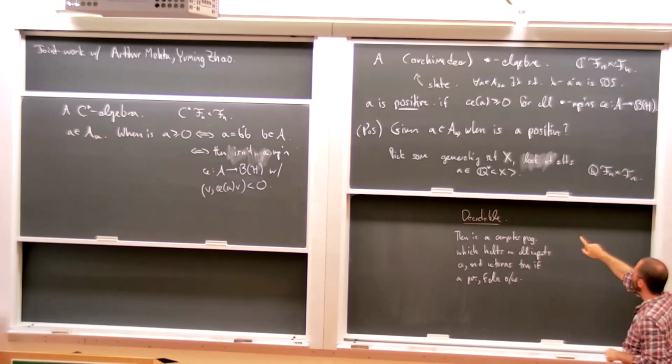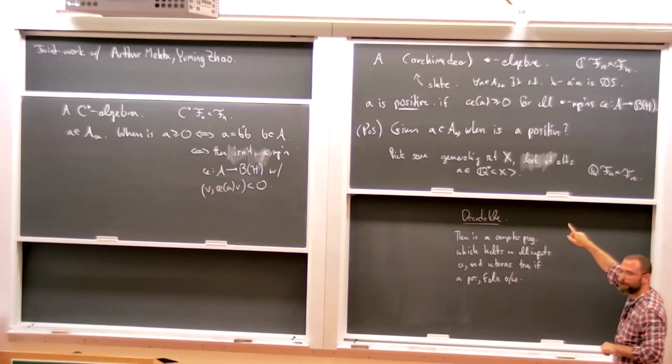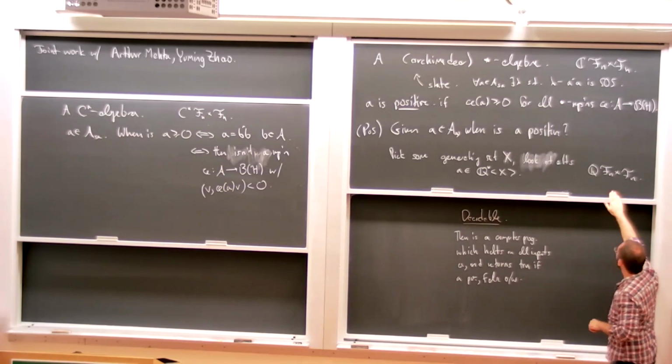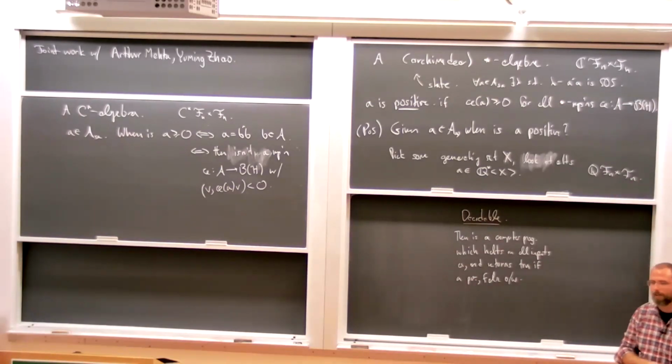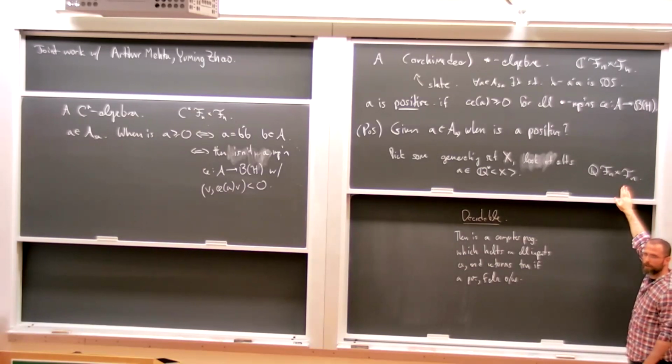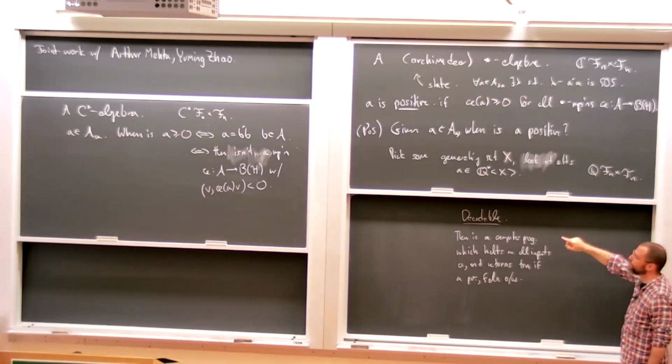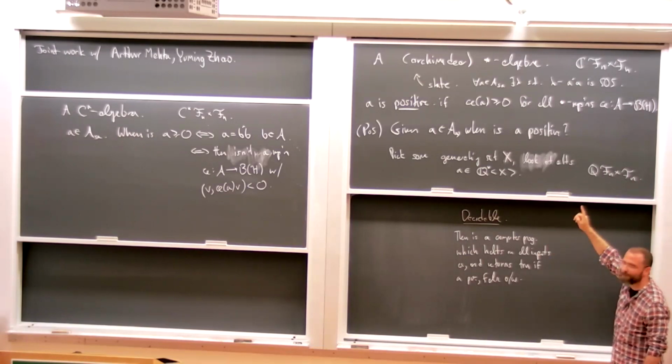Yeah, right. So this question is pretty interesting from a computational standpoint if A has a really bad presentation. But I want to look at ones where we have a finite presentation. Well, I don't think you will be able to compute the norm. So yeah, in terms of a computable presentation as a C-star algebra, no. But I'm not going to worry about that question. I'm just going to worry about the positivity question.